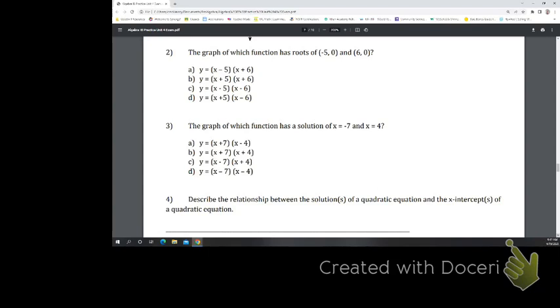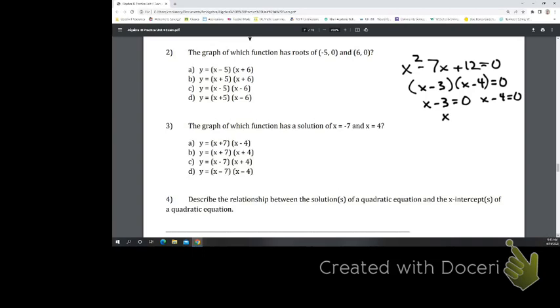So if you remember when we factored, if I factored something and then I had to solve it, I did x minus 3, x minus 4 equals 0, because those two would multiply to be 12 and add to -7. And then to solve, one of them has to be equal to 0. And then it basically just changed the sign.